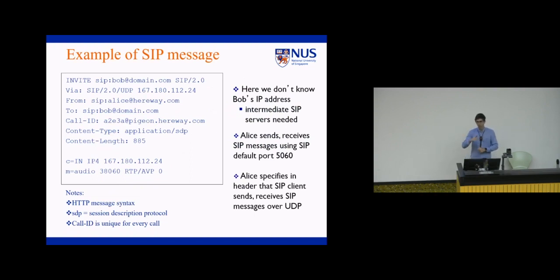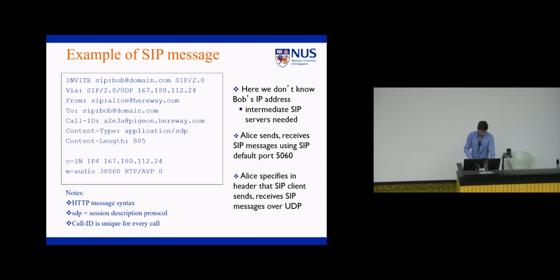In the earlier example, I said that we assume Alice knows Bob's IP address. But in practice, that is not the case. At least your client device does not know the IP address of your friend who you are calling over Skype. Instead, Alice knows Bob's SIP address. That's how you add your friend in Skype, right? You add their email address into your Skype client, so you know their SIP address.